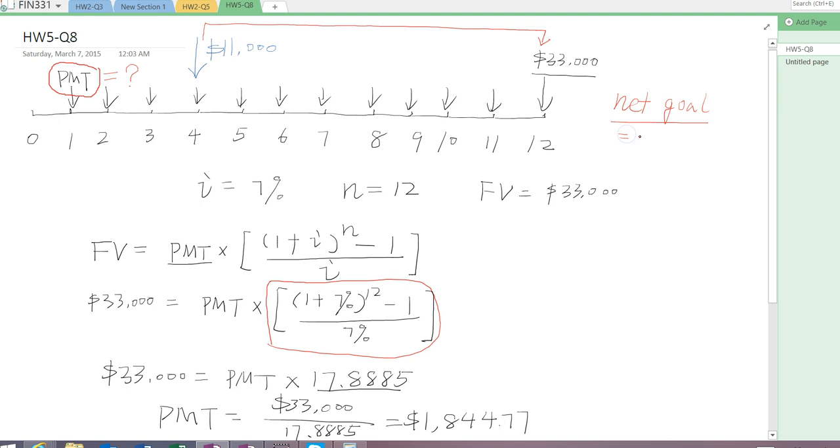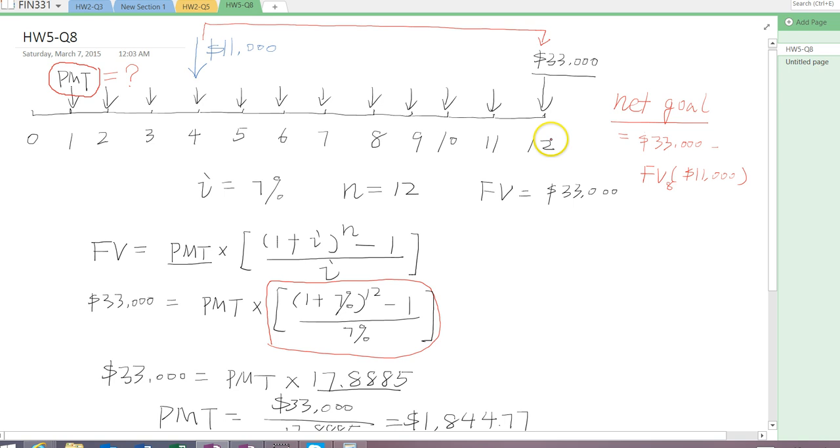Net goal will equal $33,000 minus whatever the future value of this $11,000 is. But remember, this future value is in terms of the period between year 4 and year 12. So that's going to be 8, not 12.